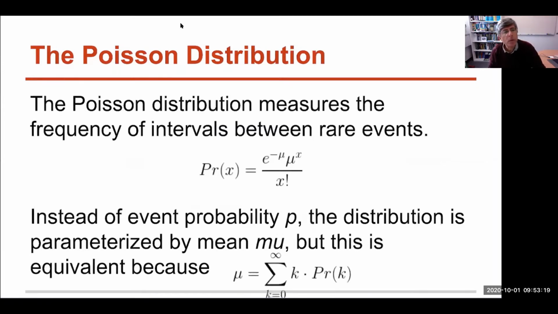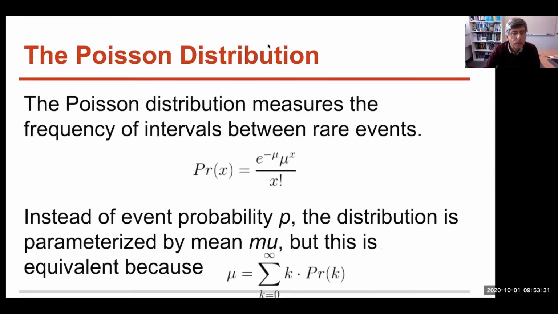Lifespan distributions are captured by the Poisson distribution. And again, what's the Poisson distribution supposed to do? It is supposed to measure the frequency of intervals or the length of intervals between rare events.